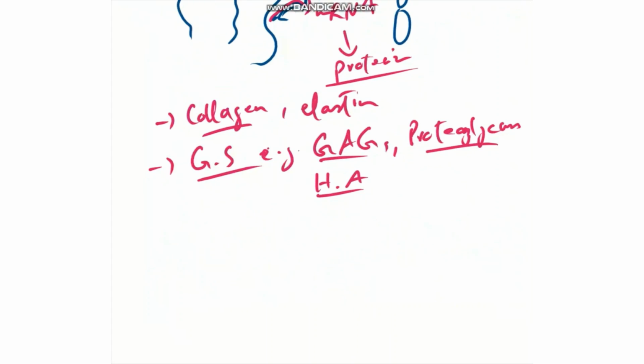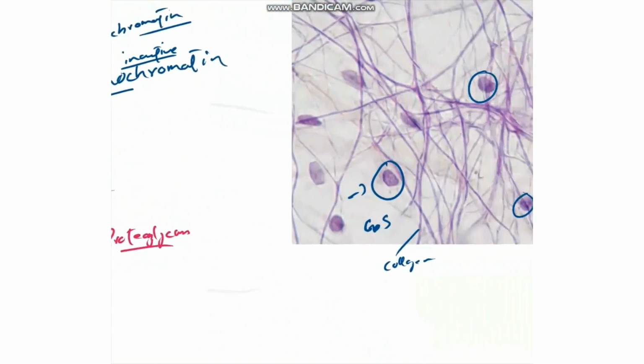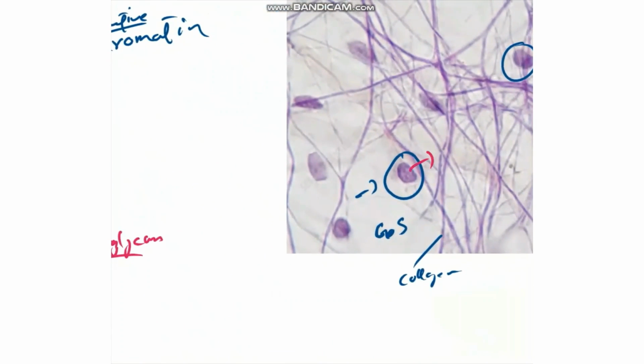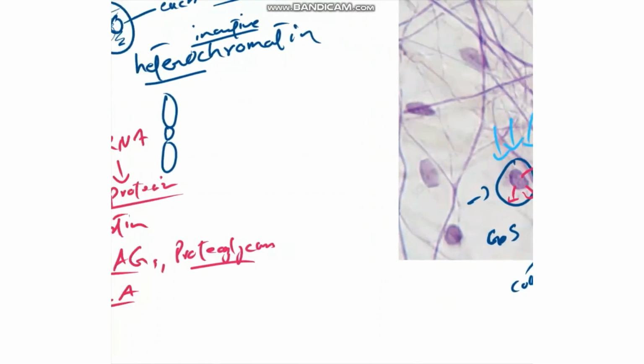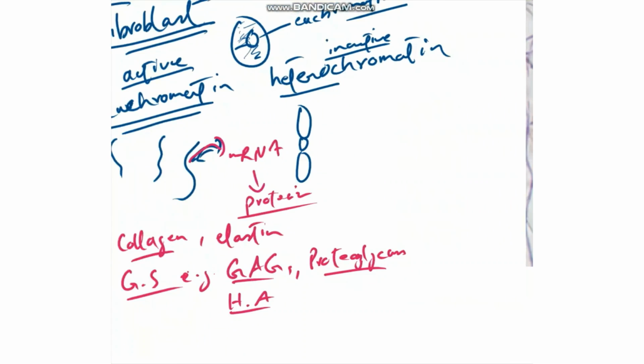So this fibroblast right here would be producing all the ground substance, and this collagen right here, it would be producing and secreting those. And this is targeted by growth factors. Growth factors secreted by our endocrine system may come in and target this particular fibrocyte and trigger the release of all of its secretions.